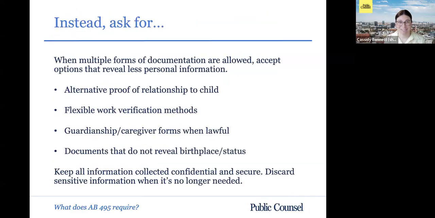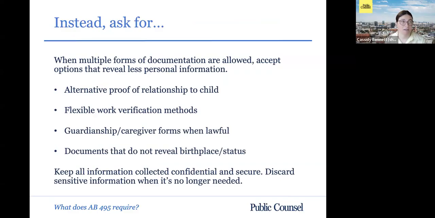So that might seem like a lot not to ask for. So what can you ask for instead? When possible, collect documents that reveal less personal information, but still allow you to understand the information that you do need.